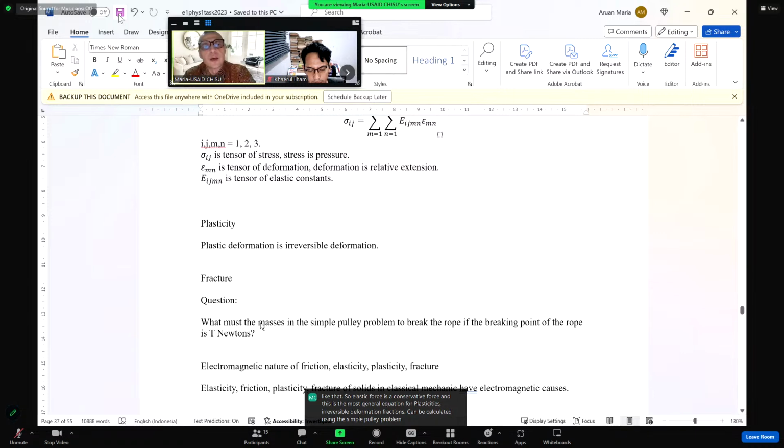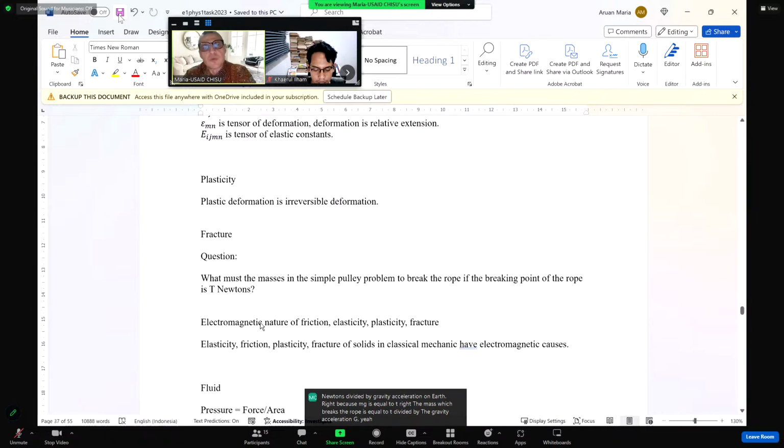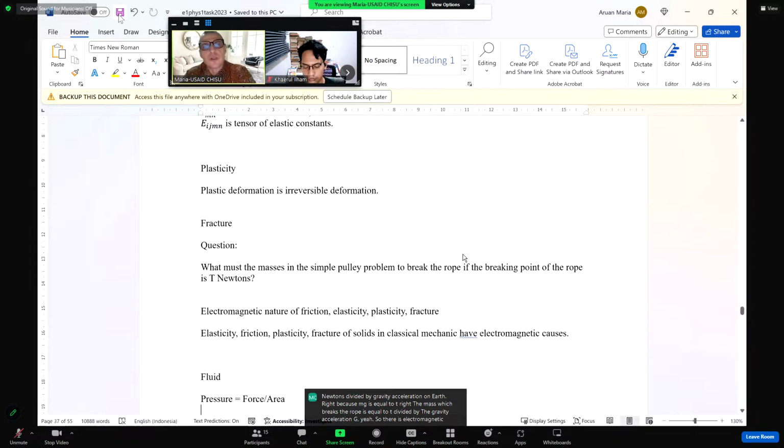If T newtons is the breaking point, then the mass which breaks the rope is equal to T newtons divided by the gravity acceleration on Earth, because mg is equal to T. The mass which breaks the rope is equal to T divided by the gravity acceleration g. So there is an electromagnetic nature of friction, elasticity, plasticity, and fracture.